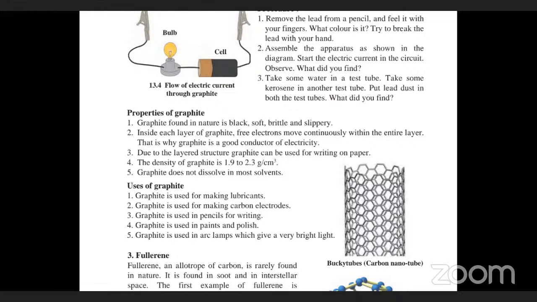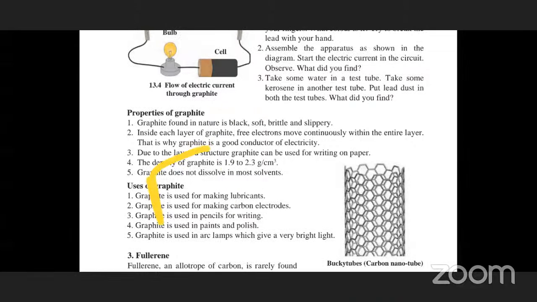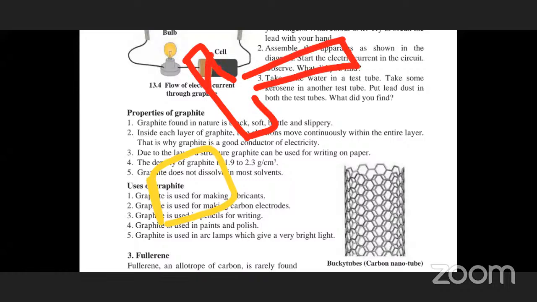I have explained this brittle to you many times. Suppose take the example of chalk, a piece of chalk. You hit that piece of chalk with a hammer. What will happen?